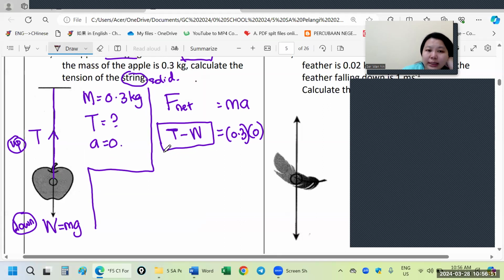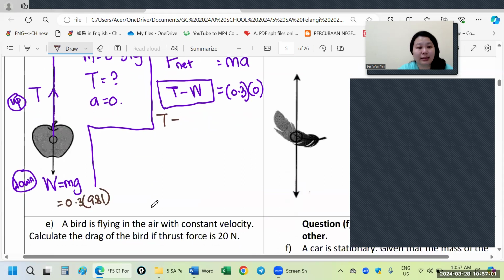Okay, so T we don't know, but weight we know. Weight equals 0.3 times 9.81, and we will get 2.943 Newton. T minus 2.943 equals 0.